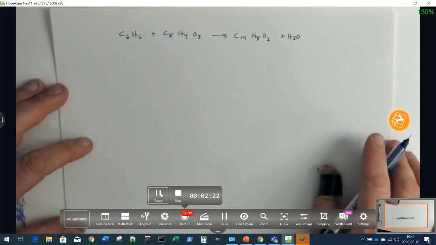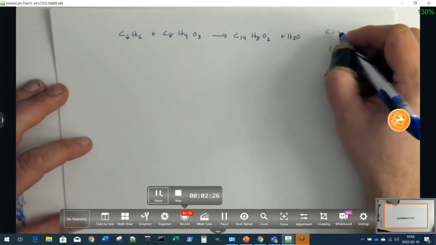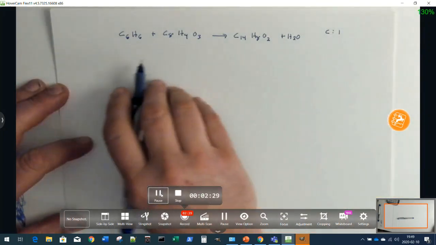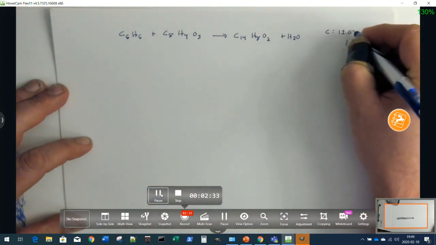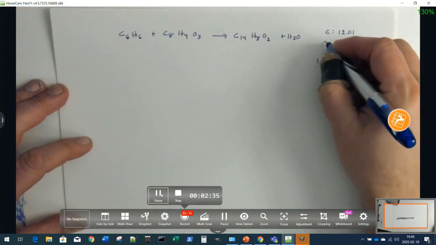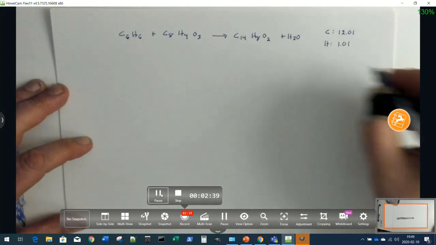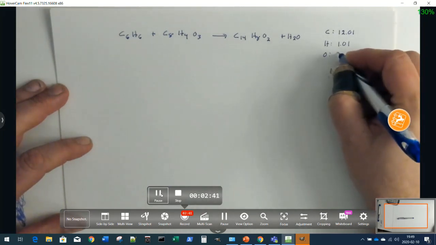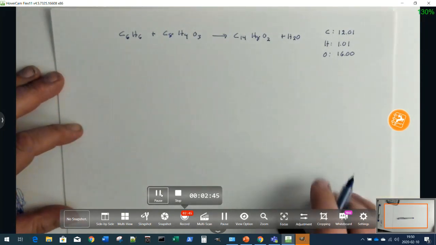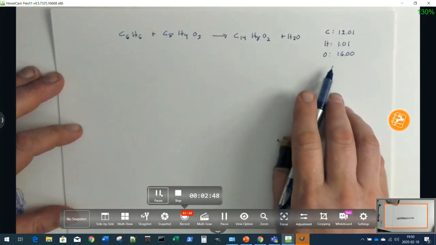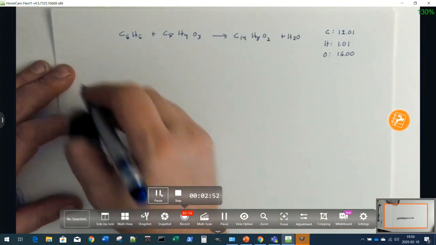Before we begin, let's write down the atomic masses of the elements involved. We have carbon, hydrogen, and oxygen. Carbon is 12.01, hydrogen is 1.01, and oxygen is 16.00.